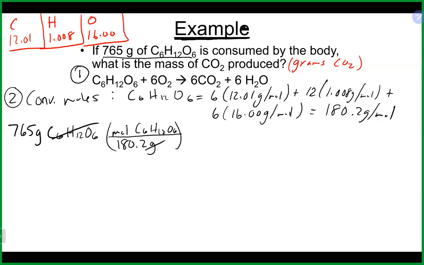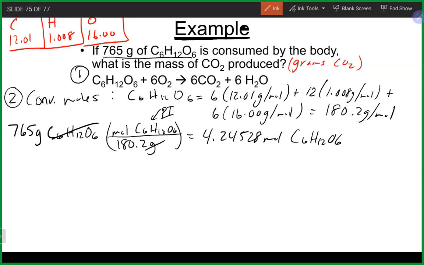And once again, if you chose to get a number here, you would have something like 4.24528 moles of C6H12O6. That again comes from the periodic table, our molar mass as a conversion factor.